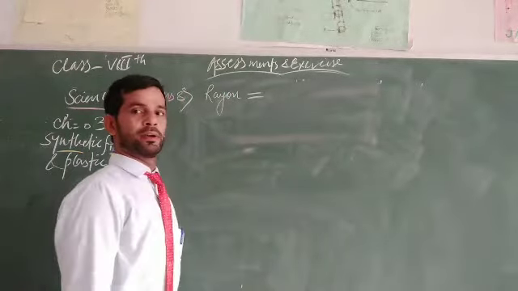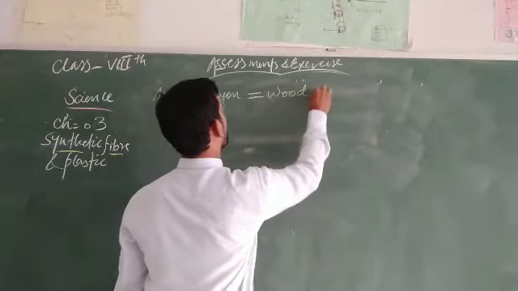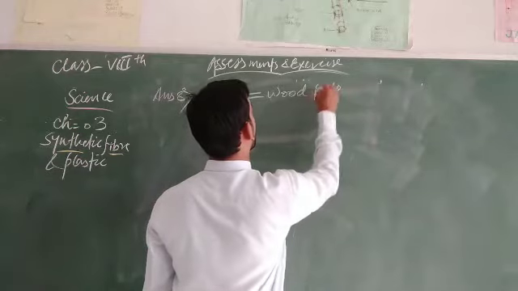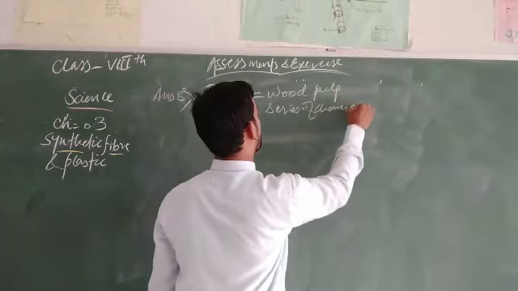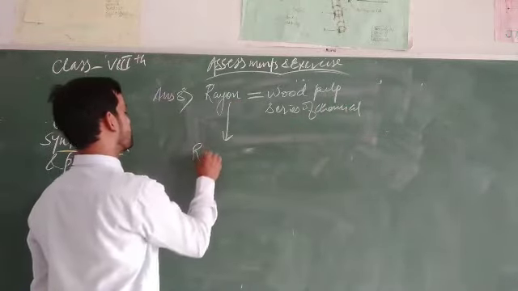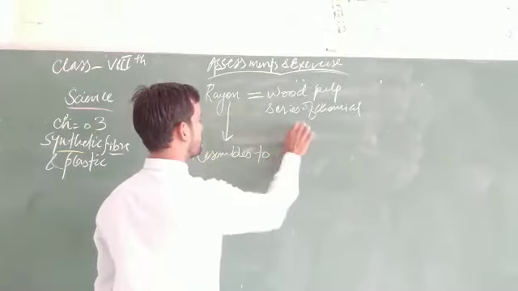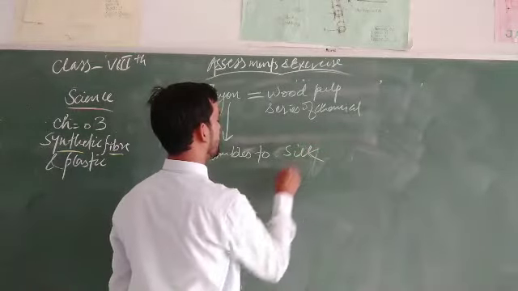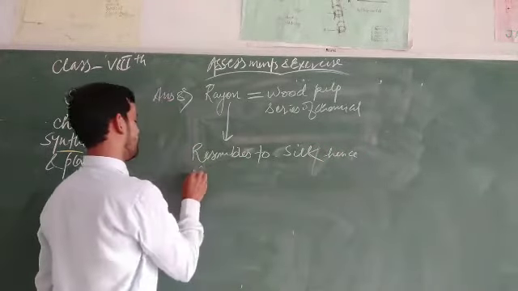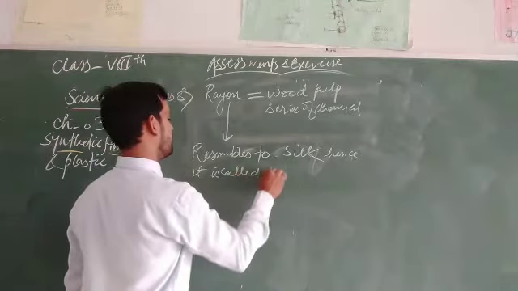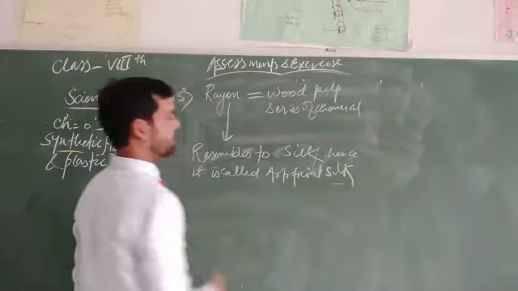Rayon is derived from wood pulp by a series of chemical reactions. It resembles silk, hence it is called artificial silk. That's all.